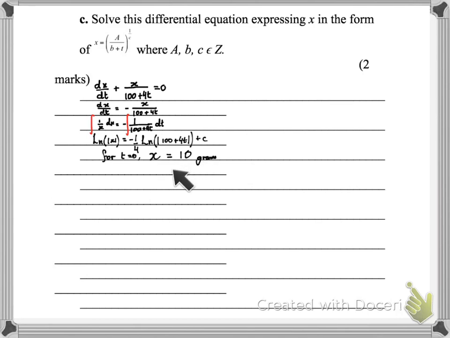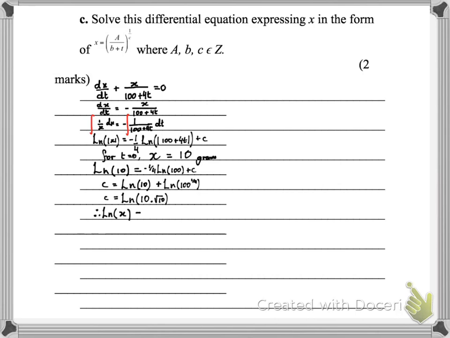So our amount of mass that was added was 10 grams at the starting point in time. Doing that substitution, we get this expression for which we can solve for our integration constant c, and tidying it up a little bit, we get the natural log of 10 times root 10.